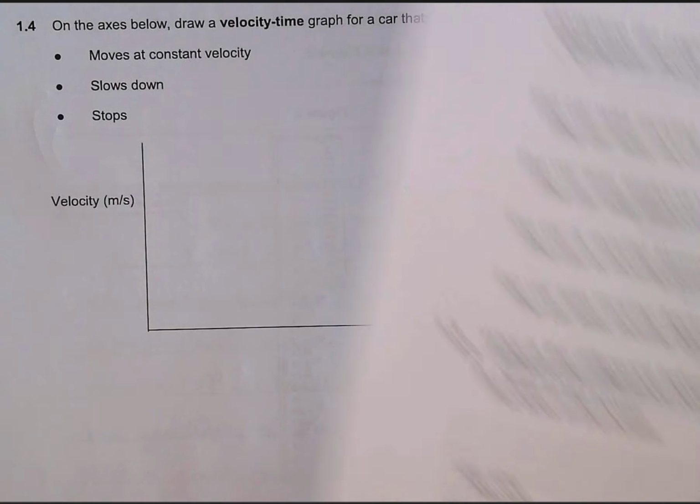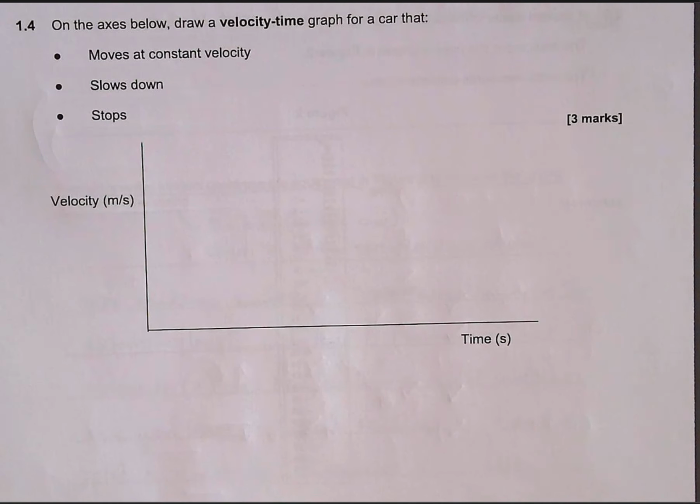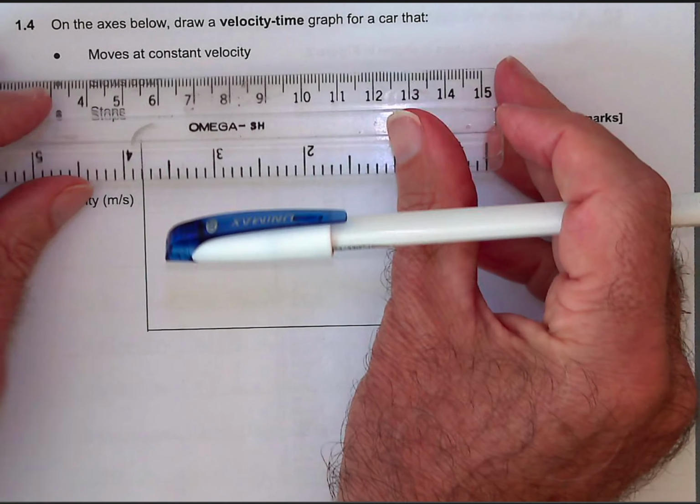that's 1.3. The next question then is 1.4, and 1.4 is about a velocity time graph. This time you've got to draw it. Well, they want you to draw what it means. Just getting my ruler. They want you to move at a constant velocity.